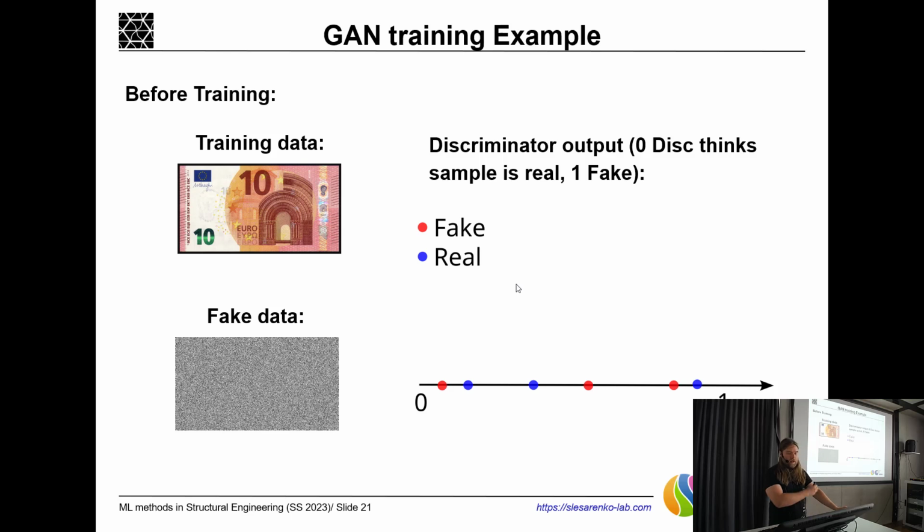Before training, we have our training data, which consists of images of real banknotes. Then we have our untrained generator, and since it's untrained, it just produces something, mostly noise. It's not trained to do anything at all. Also our discriminator is not trained at all, so it just randomly assigns values between 0 and 1 to any of those samples.